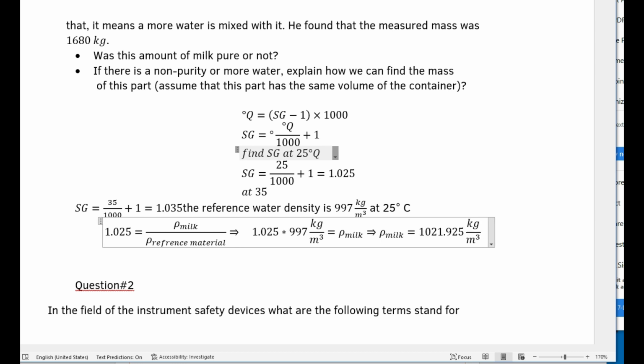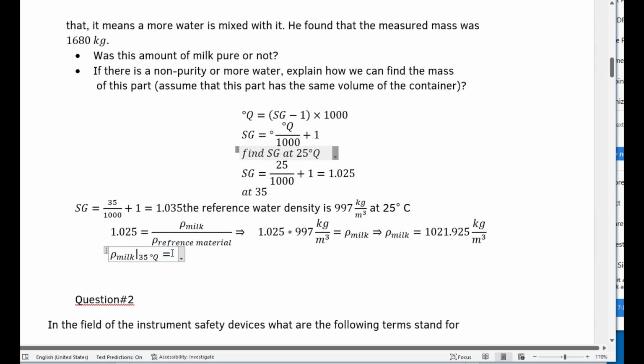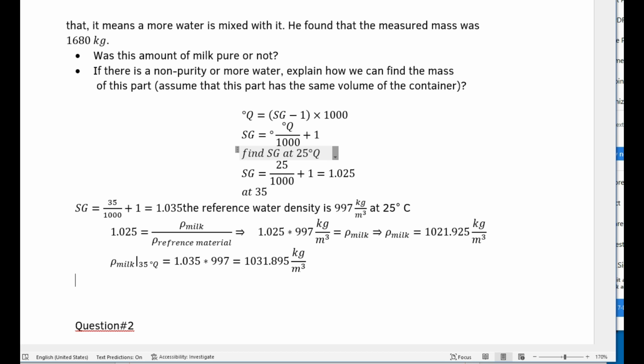The same thing will happen for the 35. Now we want to find the density of our given milk: 1680 over 1.5.